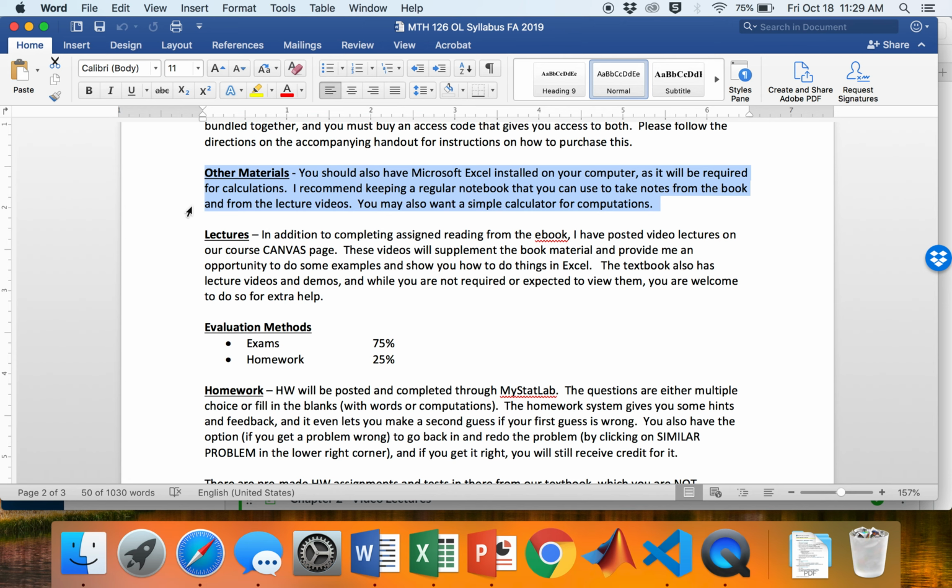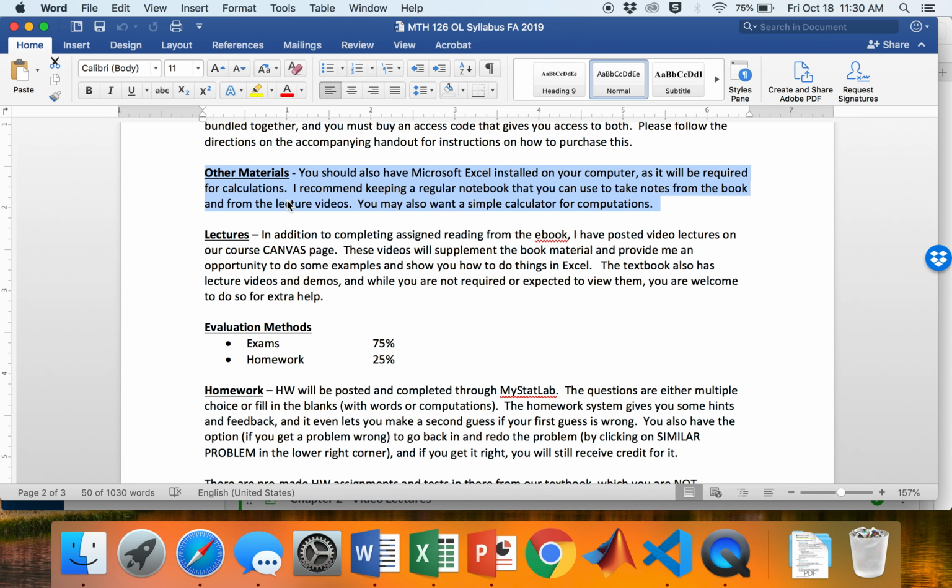So hopefully you can find some computer that has Excel. If you don't have it and do purchase it, you can either purchase it as part of a Microsoft Office package, which is obviously more expensive, or you can individually purchase Microsoft Excel. And again, any version that you purchase or any version that you have will have the commands that we need there.